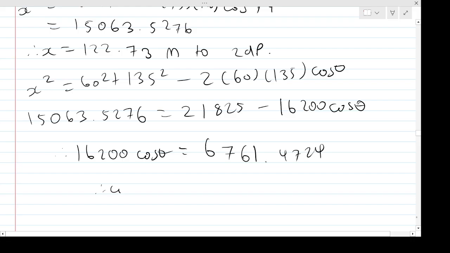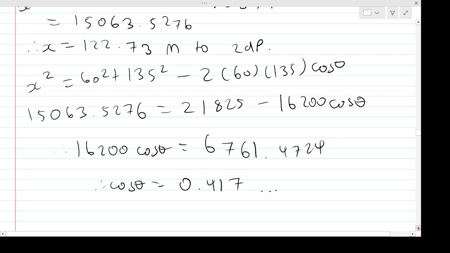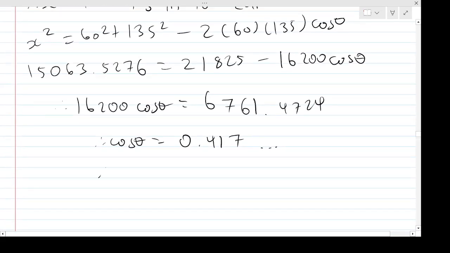So therefore then cos theta, if I divide that answer by 16,200, the number in front of the cos, I get that cos theta is 0.417... right? So then therefore theta then I need to do the inverse cos.